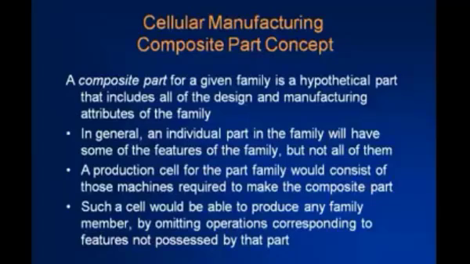Such a cell would be able to produce any family member by omitting operations corresponding to features not possessed by that part. So in cellular manufacturing, the composite part concept is applied, and the composite part is that part in a product family which has most of the processes involved in the development of that family. So the production cell for the part family would consist of those machines required to make the composite part.